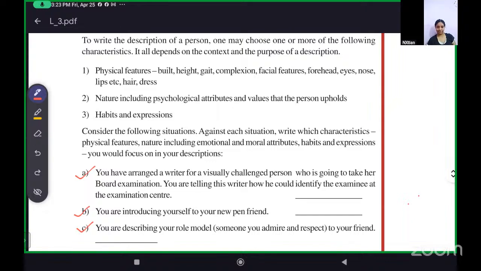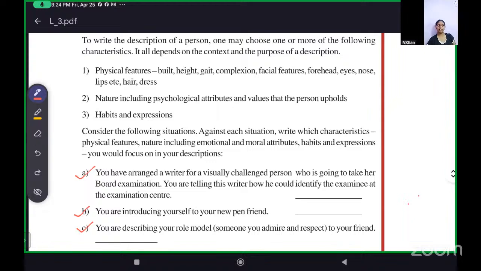So I've hired a writer, and the girl is blind. She can't see the paper, but she can tell the writer, and the writer will write, so that she can score very well in the exam.